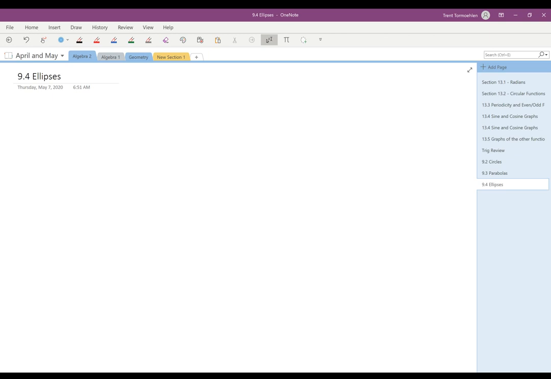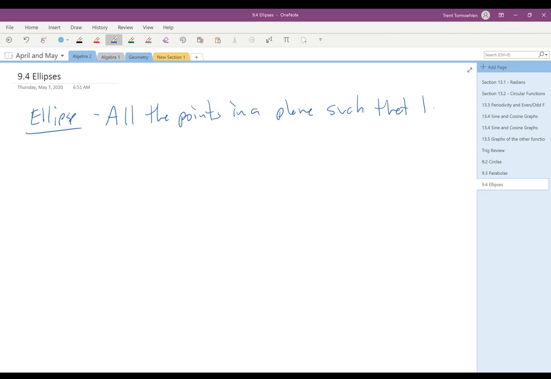Okay, so the geometric definition of an ellipse is all the points in a plane such that the sum of the distances to two fixed points, and those fixed points we call foci, or for each is a focus, is a constant.